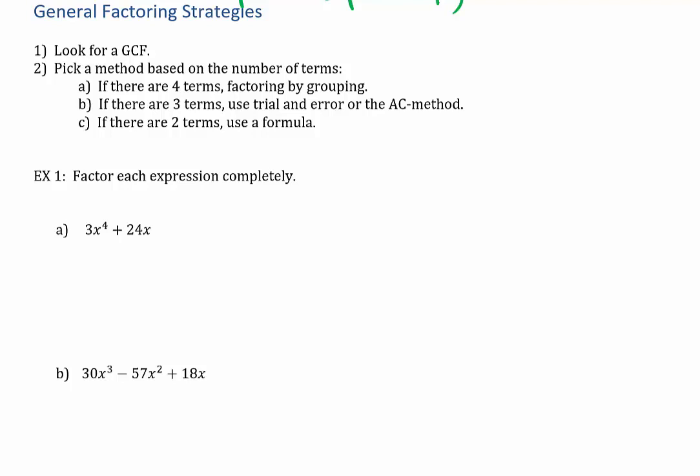So example 1a, first thing I do is look for a GCF. It is 3x. If I pull the 3x out, I'm left with x cubed plus 8. I have 2 terms, so I check to see does it fit into any of my formulas. And it does. 8 is the same as 2 cubed, so this is my sum of cubes formula.